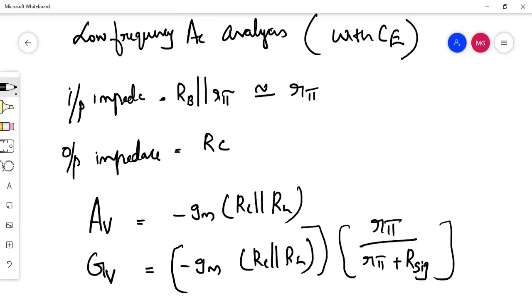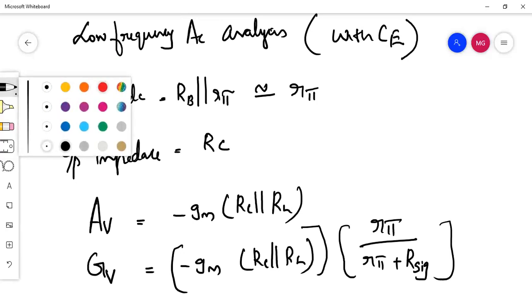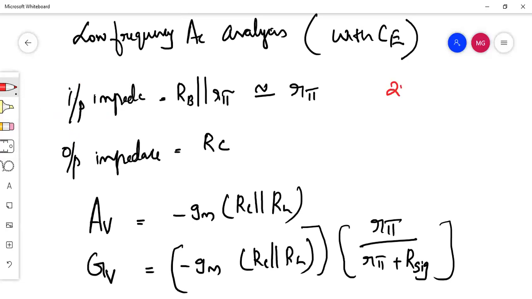So these are the first part of the derivations from the second module. Very important derivation, so please go through it, and if you have any doubts, you can contact me. Okay, thank you.